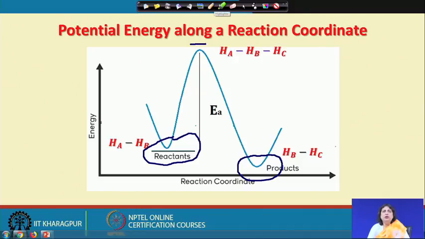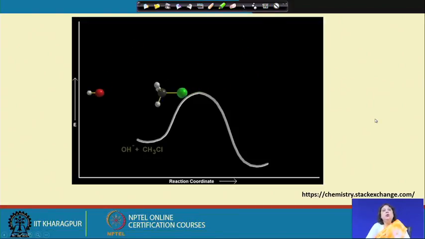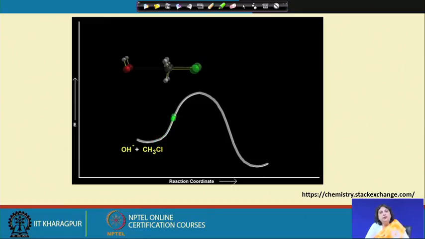Now, within this molecular picture, one tries to understand what happens when I adopt such a picture for the molecular model of the chemical reaction.